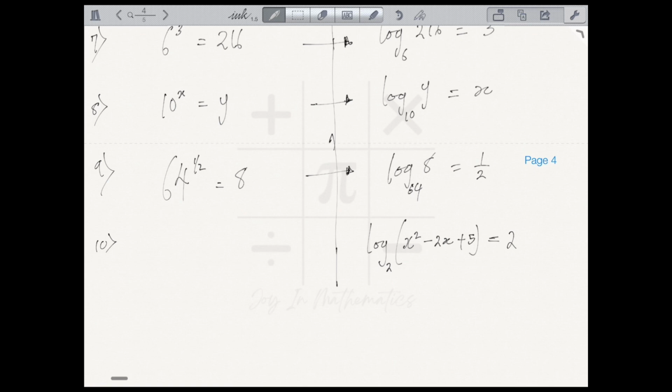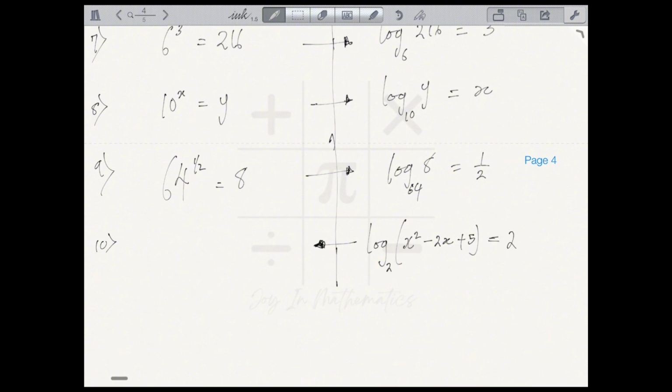Now, let's look at this final question, we can see that it is related to logarithm equations. That means this is one of the questions we'll solve when we are considering logarithm equations. So we have log of x squared minus 2x plus 5 to the base of 2 is equals to 2. So in this case now, we consider x squared minus 2x plus 5 as the number. We consider our 2 as the index and this 2 as the base.